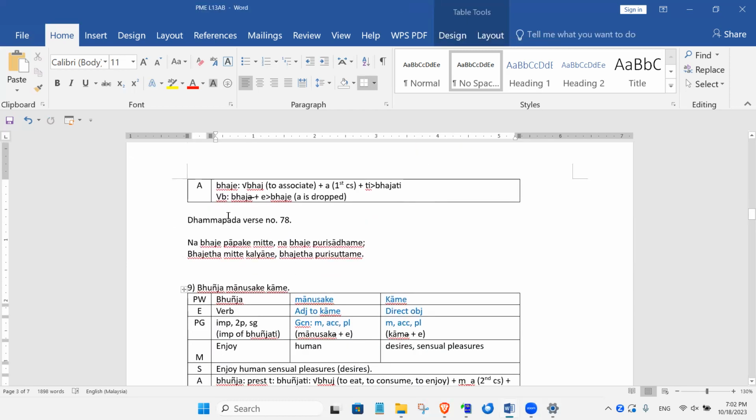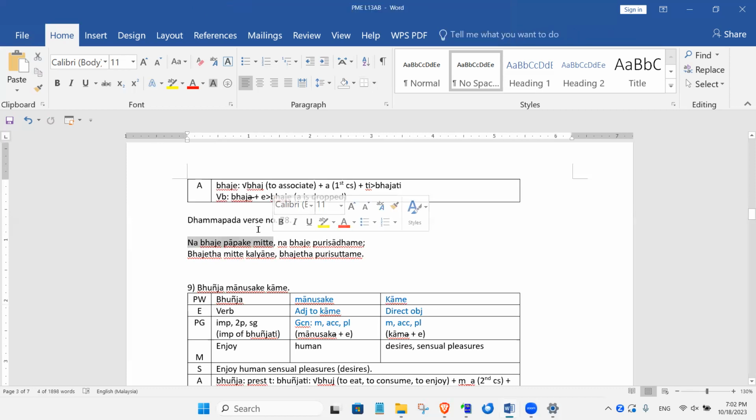Okay, you can see this also from the Dhammapada. That's why from lesson 13, all are from the Dhammapada and other suttas. Verse number 78. One should not associate with the evil friends. Okay. And then you should associate with the good friends, right?